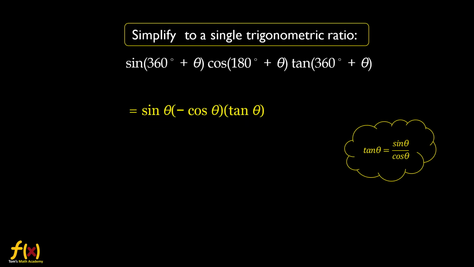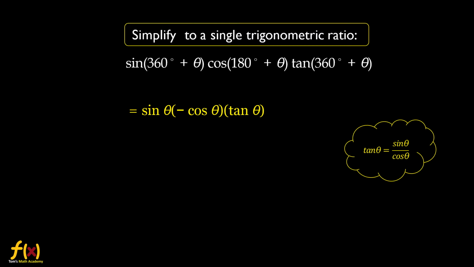Sine of 360 plus theta, first quadrant, sine theta. 180 plus theta in the third quadrant, cos is negative. Tan of 360 plus theta, again in the first quadrant, we get tan theta.